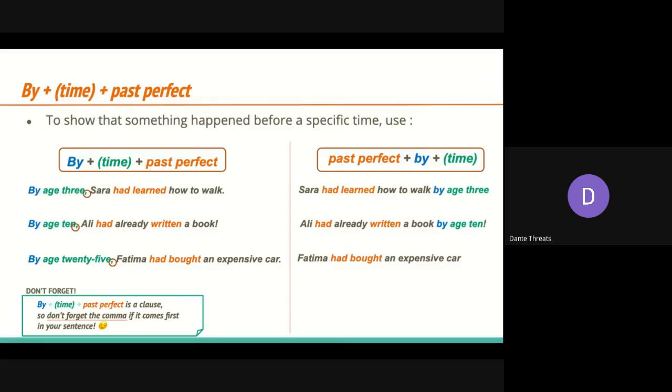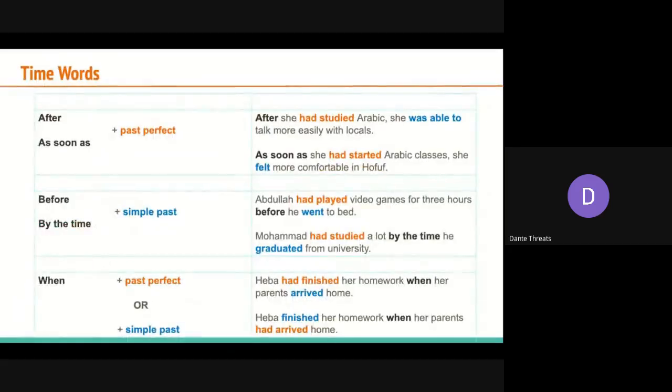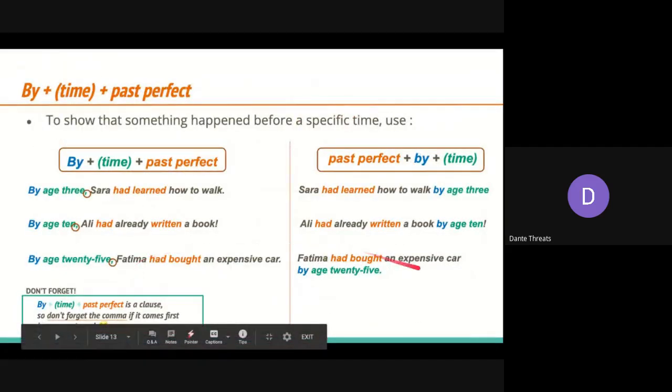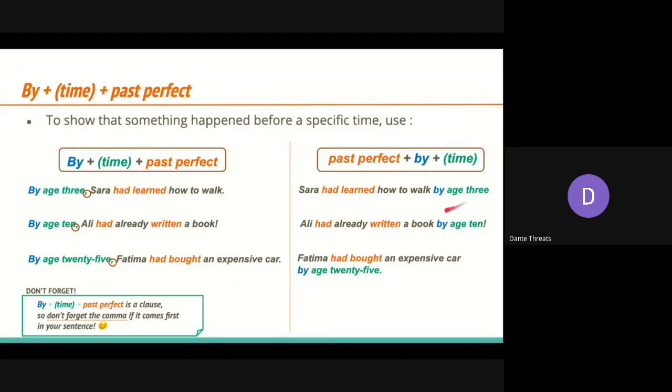Fatima had bought an expensive car by age 25. All right, so notice here that there is no comma because it's at the end of the sentence. Okay, if it is at the beginning, use a comma.